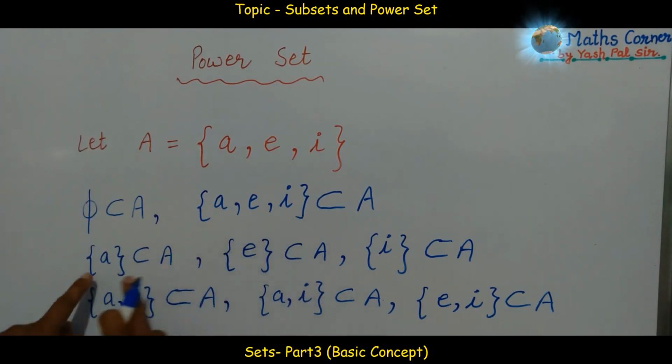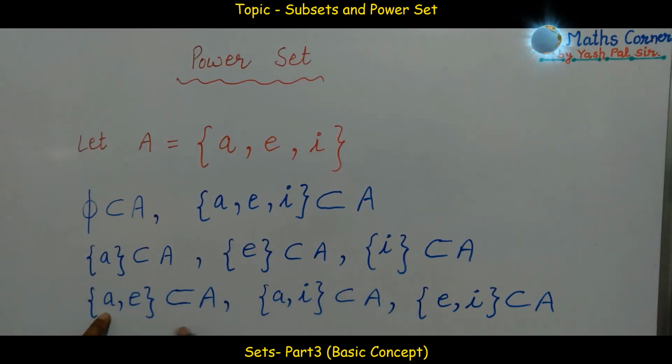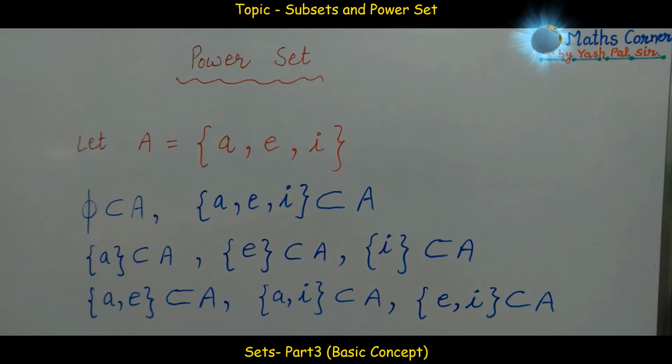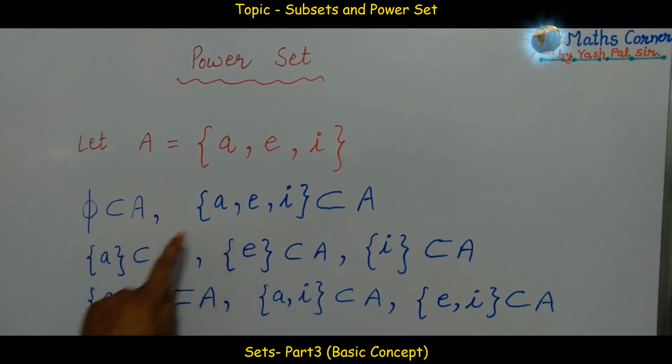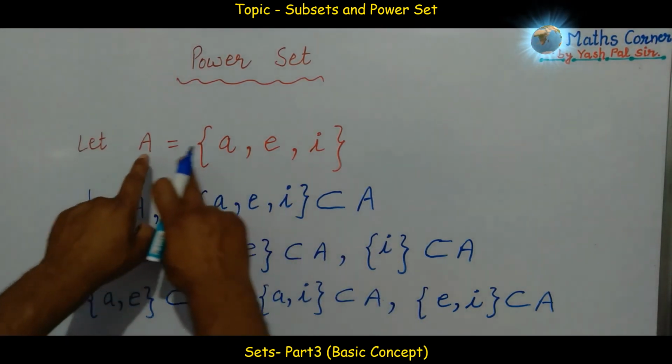Thirdly, single elements. Next, taking two elements together. All these are subsets of this given set. What is the conclusion? The conclusion is 1, 2, 3, 4, 5, 6, 7, 8. Eight sets are subsets of A.